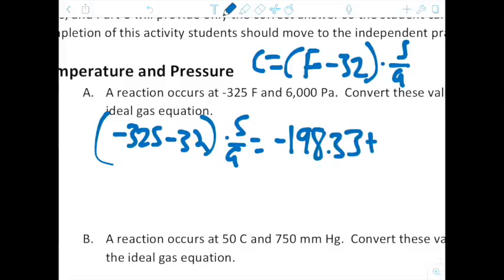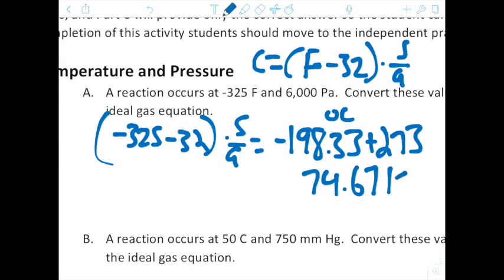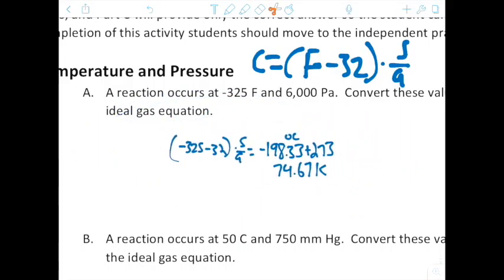Because this is now Celsius, to take it to Kelvin we just add 273, and we get 74.67 Kelvin. So now we have our temperature in Kelvin.